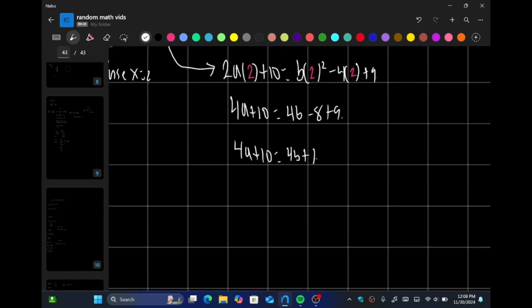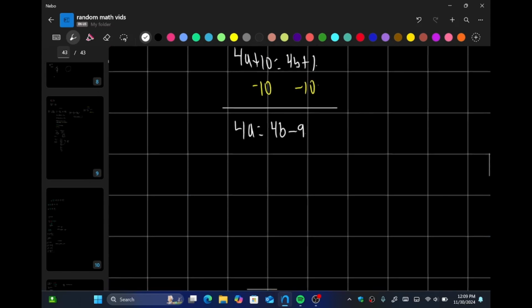And now we just get rid of the constants. So we get minus 10 on both sides, right? We get 4a equals 4b minus 9, and then we're going to subtract 4b on both sides. So again, we want to set it up as a system, guys.